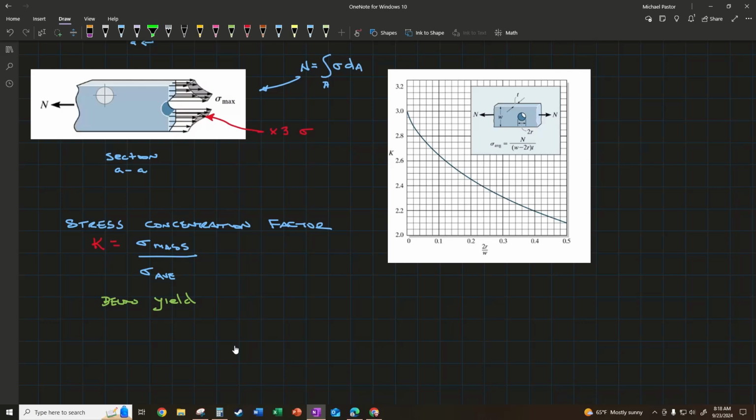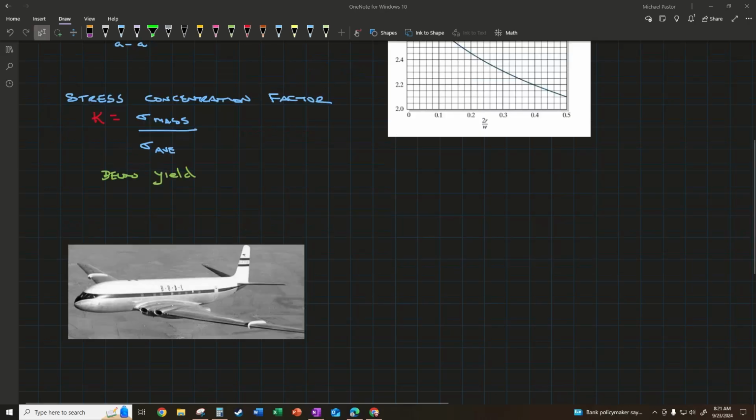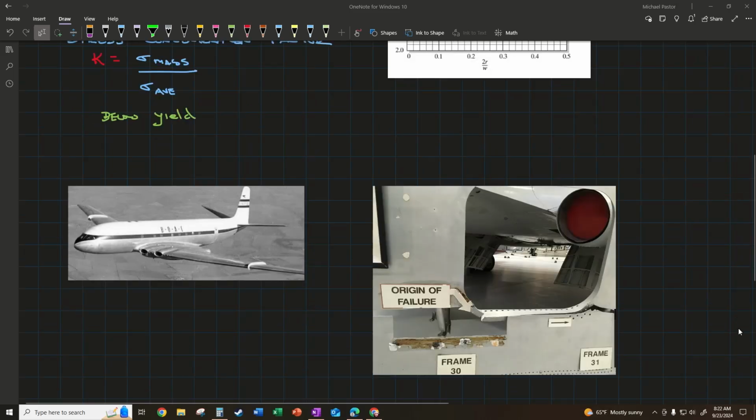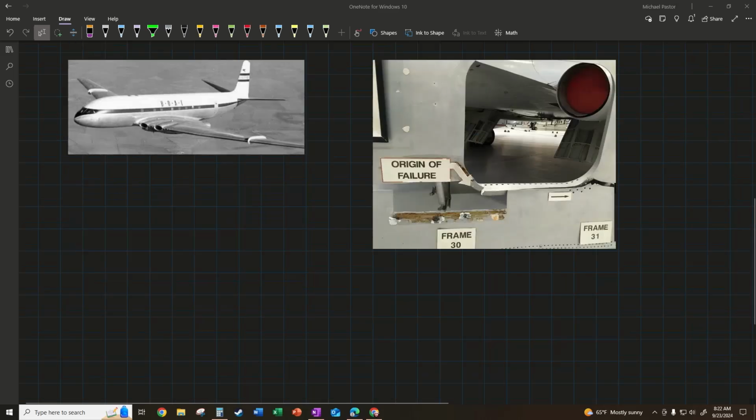It's happened in a number of modern engineering designs, but one of the most famous is this was one of the first jet airlines, and the windows had these rounded corners of the square windows initially as designed. And as they pressurized and unpressurized this plane at altitude, cracks would develop at these rounded corners and eventually lead to failure. And they had a bunch of total losses in this situation, and all due to the concentration of stresses.